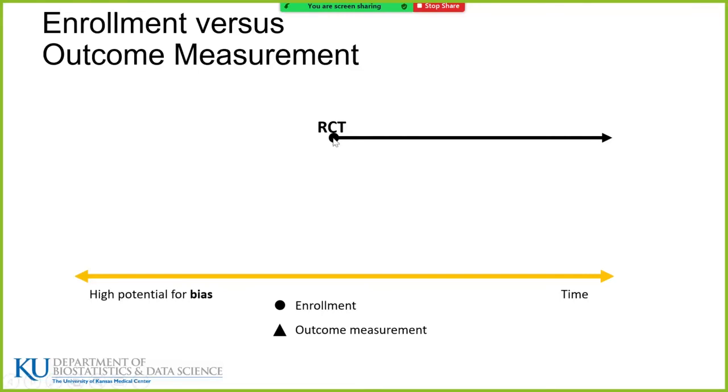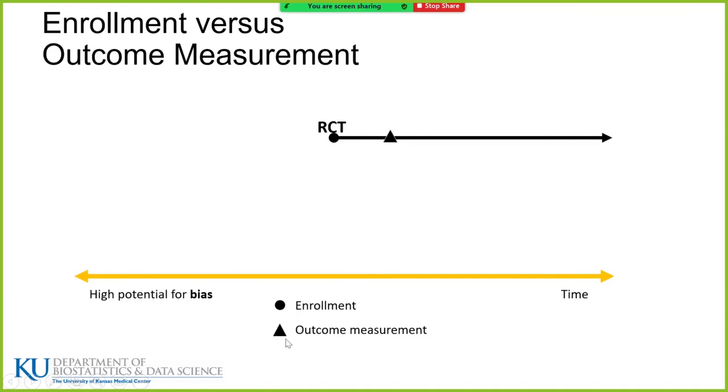Whether a study is prospective or retrospective is determined by when a patient or a participant is enrolled onto the study and when their outcome is measured. In a randomized controlled trial, notice enrollment is at this location along the time axis identified by a circle, and then their outcome is measured wherever you see the triangle.